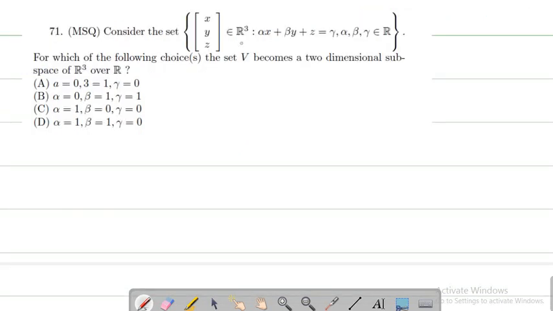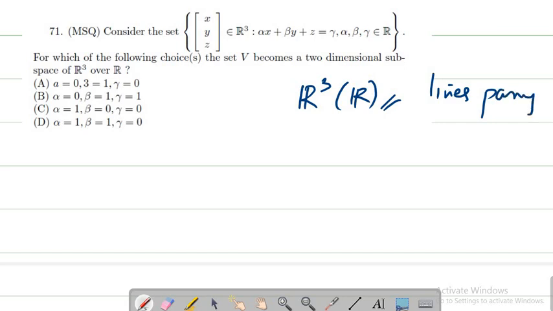Coming to the next question, it is again regarding subspaces of R3 over R. I would like to give a tip regarding this: if you take R3 over R, the only proper subspaces are lines passing through the origin and planes passing through the origin.